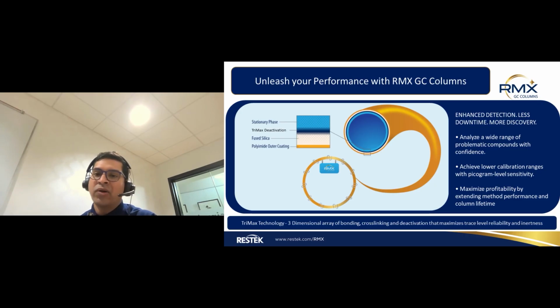We are talking about unbiased results for acids, bases, and neutral compounds with confidence. And then you'll achieve lower level calibration. We are talking about picogram level sensitivity and single digit ppbs. And this column helps you achieve those limits. It also maximizes your productivity by extending method performance and giving you longer lasting calibration over an extended period of time.